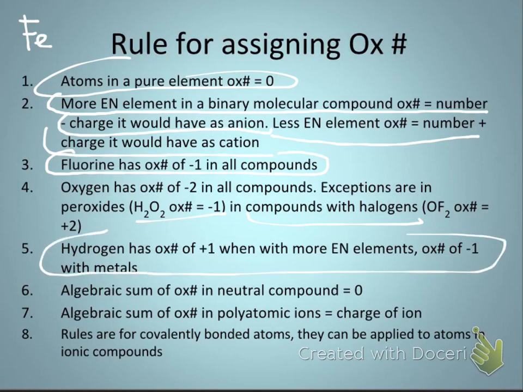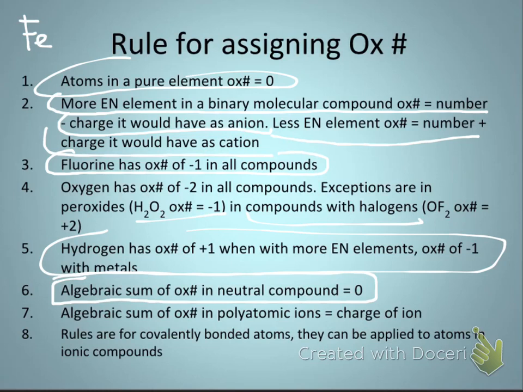Hydrogen is either +1 or -1. Here are the important bits. The algebraic sum of the oxidation numbers in any compound that is neutral is equal to 0. In other words, the charges cancel out, or the pseudo-charges cancel out.